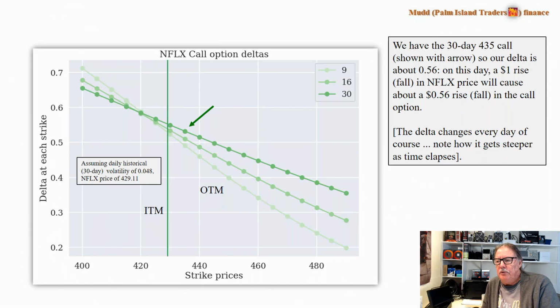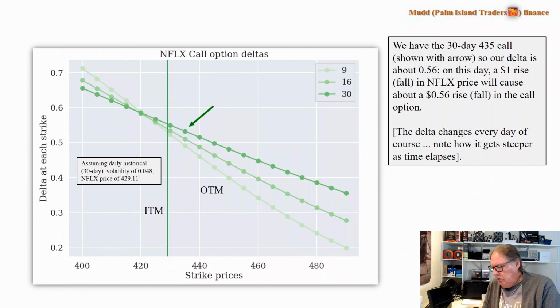And you'll also notice generally that the delta gets progressively flatter the farther out the expiry. So of course, if you're dealing with near-term options, you have very steep examples of the relationship between the value of Netflix as it changes and the call option deltas.